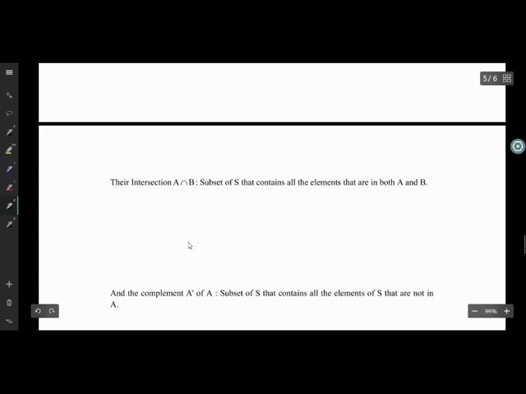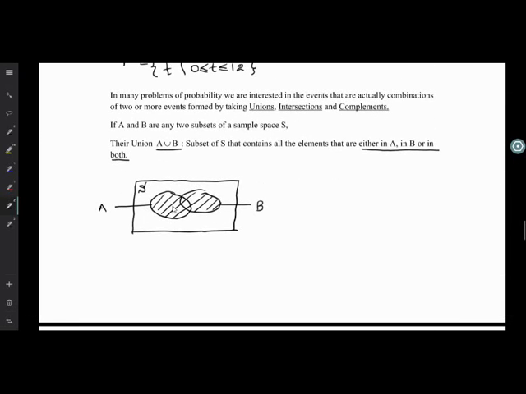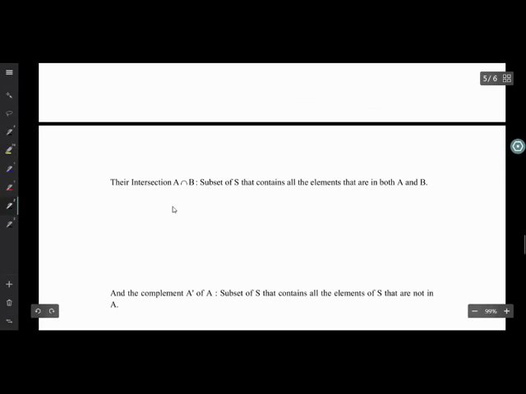The next is the intersection of A and B. Now if you go back to the union, we refer to this as A or B. Next is the intersection. The notation is A intersection B, that is the subset of S that contains all the elements that are both in A and B. We denote it as A and B. So that is the overlapping area.